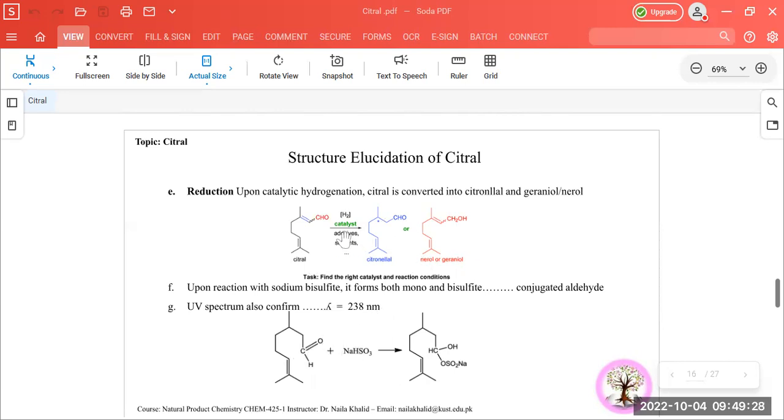The presence of an aldehyde in conjugation with a double bond was also confirmed by the chemical test of citral with sodium bisulfite. When we carry out its reaction with sodium bisulfite, we get both the mono and bisulfite adducts. It shows that there must be a conjugated aldehyde.